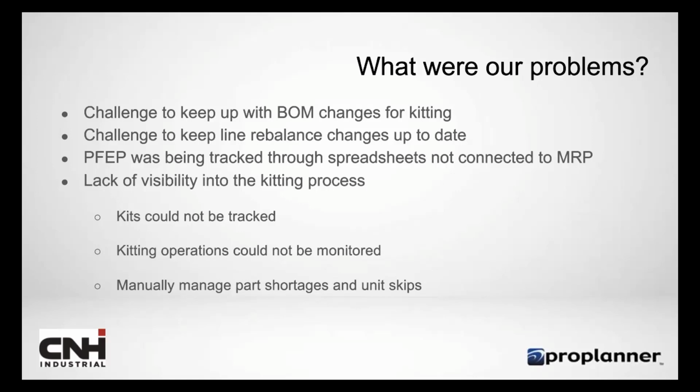And the biggest challenge with that was keeping up with the BOM changes for the kits. So anytime that we had to refresh the BOM work for it, or if there was a part change or some sort of model change, there was a lot of work that had to be done outside of Proplanner to get us what we needed. So there was always a challenge with that.